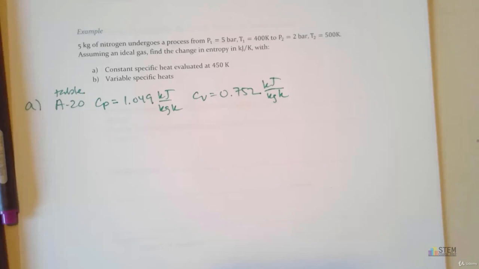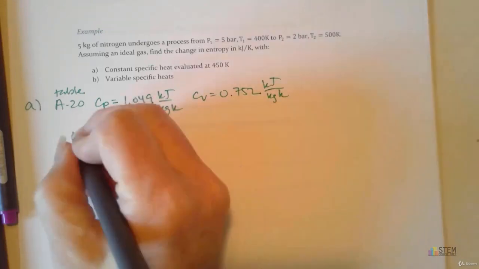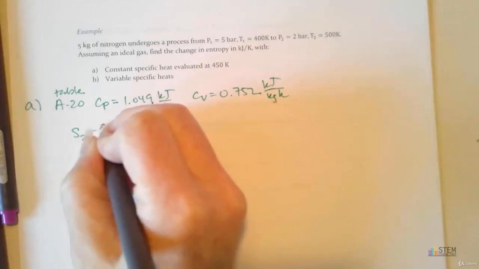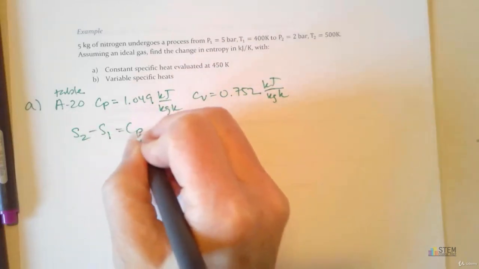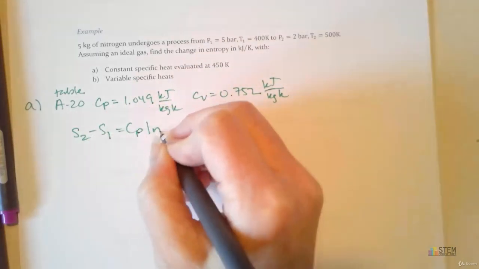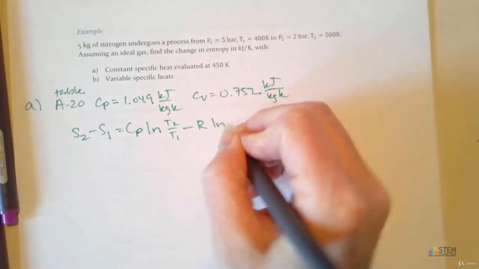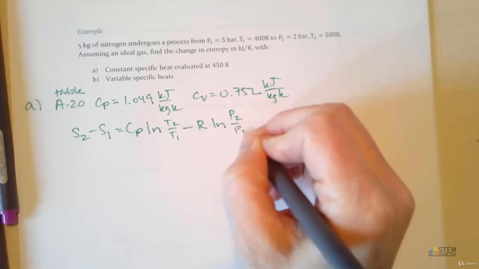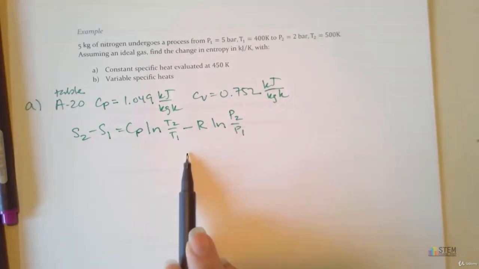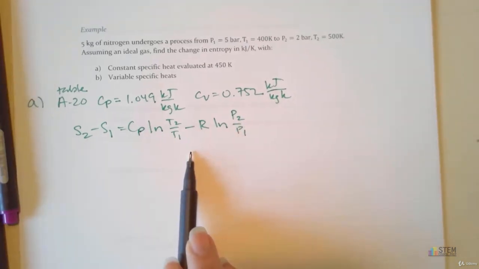Now we've got that. What we're wanting to do, remember, is find the change in entropy. So let's write an equation for that. S2 minus S1 equals CP times the natural log of T2 over T1 minus R times the natural log of P2 over P1. And we can use this equation because we said we had constant specific heats.